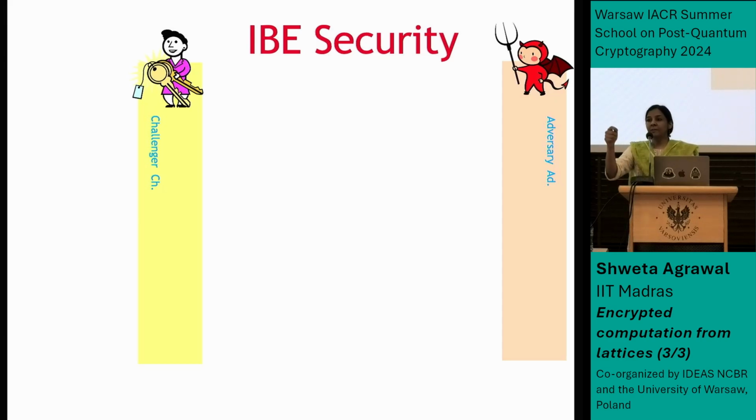The attacker submits two messages, M0 and M1. The challenger will pick one of them at random, encrypt it, and send it back to the adversary. And the adversary has to guess which of the two messages was encrypted.